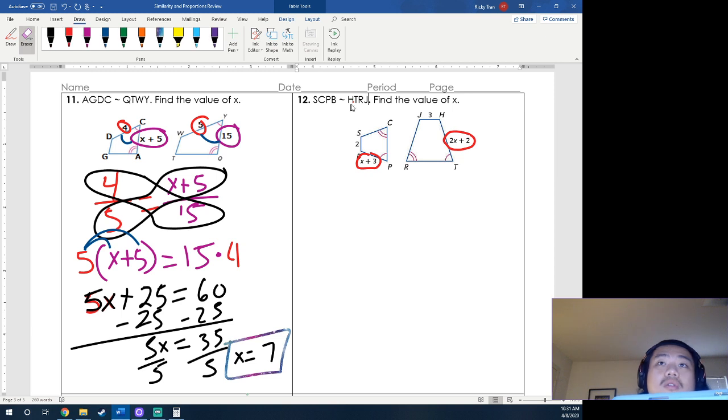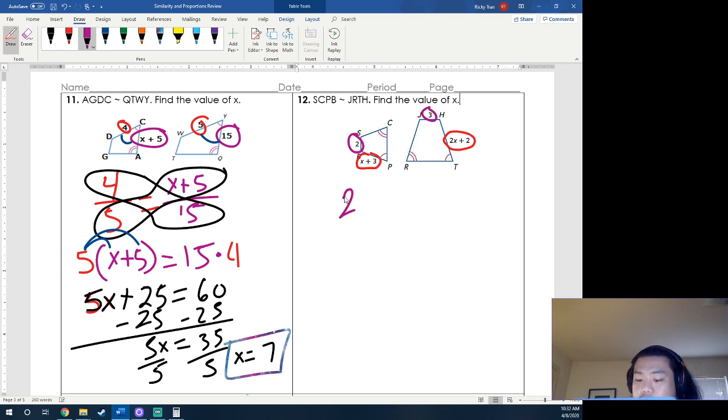Oops, I made a mistake there too. This should be SCJR. What am I doing? I'm doing this in reverse. That's how it should be. I'm going to fix that later, or I already fixed it on here. Okay, so where did my colors go? Oh, okay. And then we have 2 and 3 matched together.